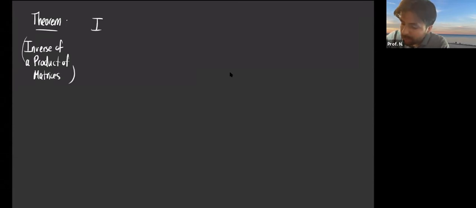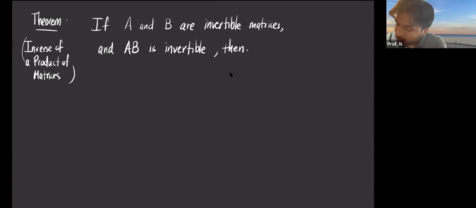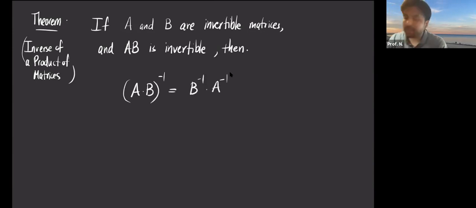So if A and B are invertible, and AB is invertible, then when you take the inverse of A times B, it's equal to B inverse A inverse.